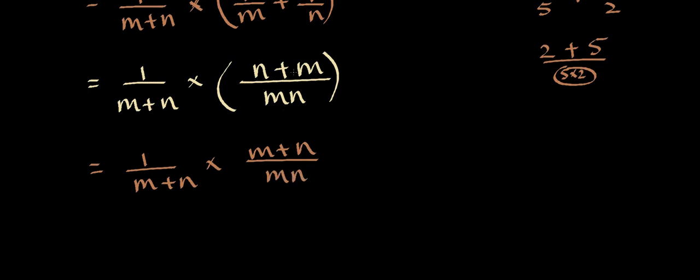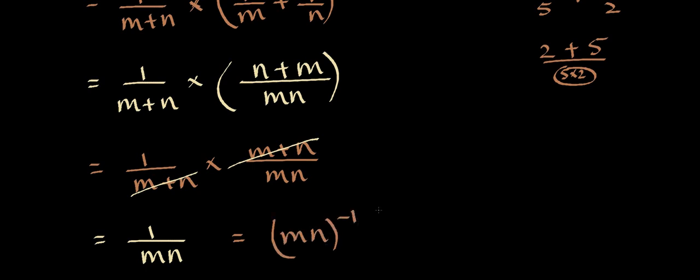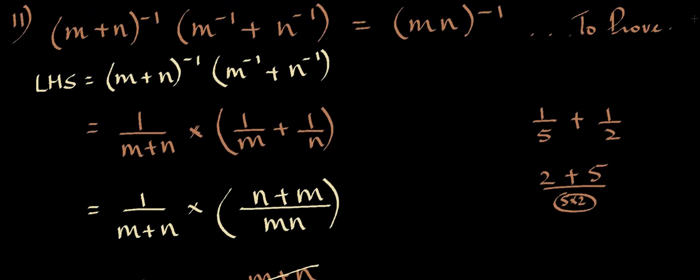Now m plus n or n plus m means the same. What happens? We can simplify, we can cut off these two, and what is left is 1 upon mn. Now, how can we write this? Since it's in denominator form, we can write it as mn the whole raised to minus 1. And let me recollect what is our right hand side.